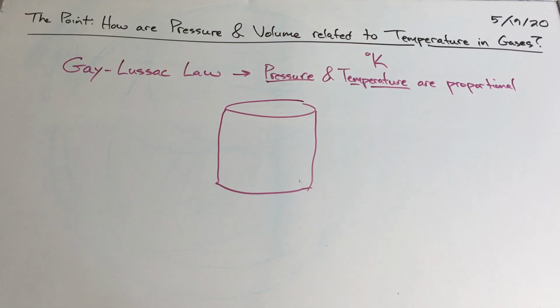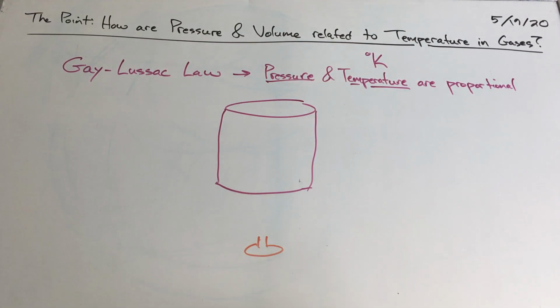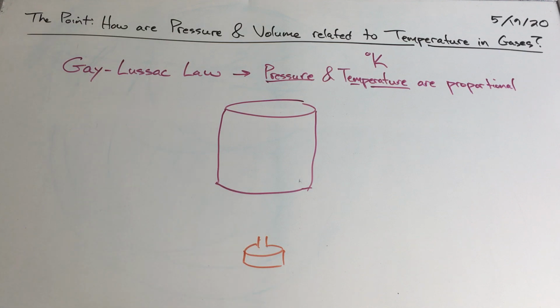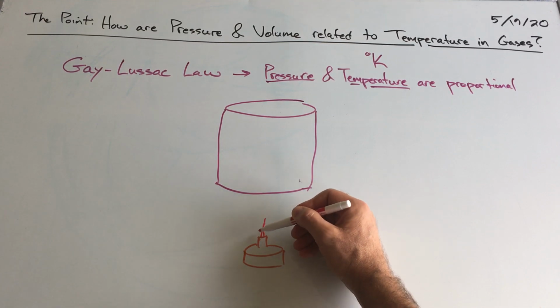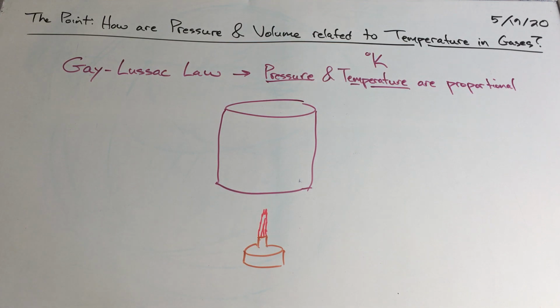And underneath that bean can for science is a poorly drawn burner. So you got some flames. Ooh. And we're heating up the bean can. Now, the bean can does have gas in it. And let's just say that that gas is air, so we don't have to talk about weird gases like argon. Now, what's going to happen?